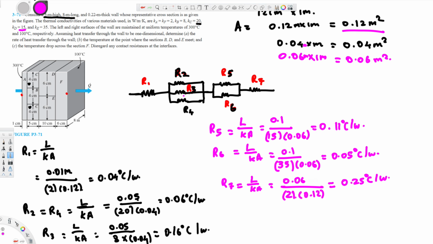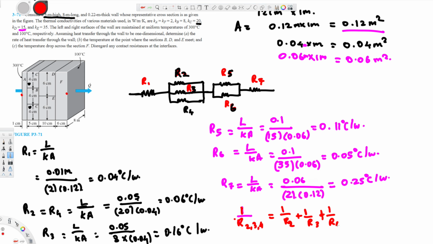Now what we have to do is combine the parallel resistances, right? Because we can't directly add them when they are in parallel. If we combine them to make them series, then we can directly add them. So let's combine R2, R3, R4. When we have resistances in parallel, we add them like 1 over the equivalent resistance, 1 over R2,3,4. So we are going to add them like 1 over R2 plus 1 over R3 plus 1 over R4.